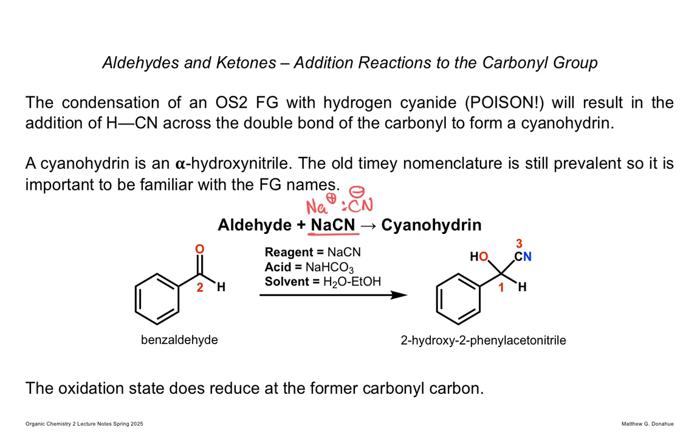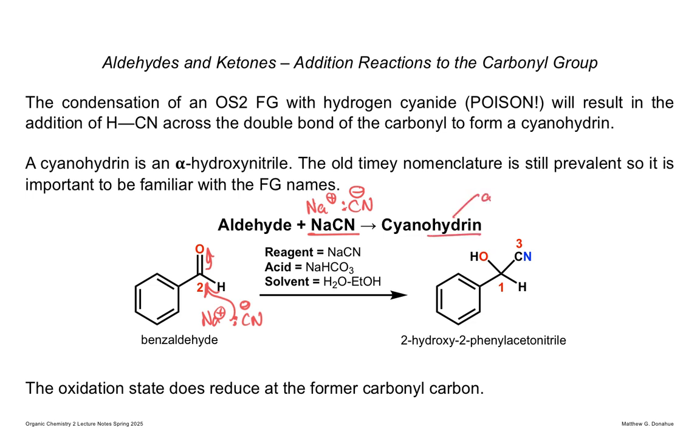So when that adds to the carbonyl, we get the nucleophilic addition. That generates O-, which is then just protonated by the base or acid there, sodium bicarbonate. And so what we end up with is called a cyanohydrin.